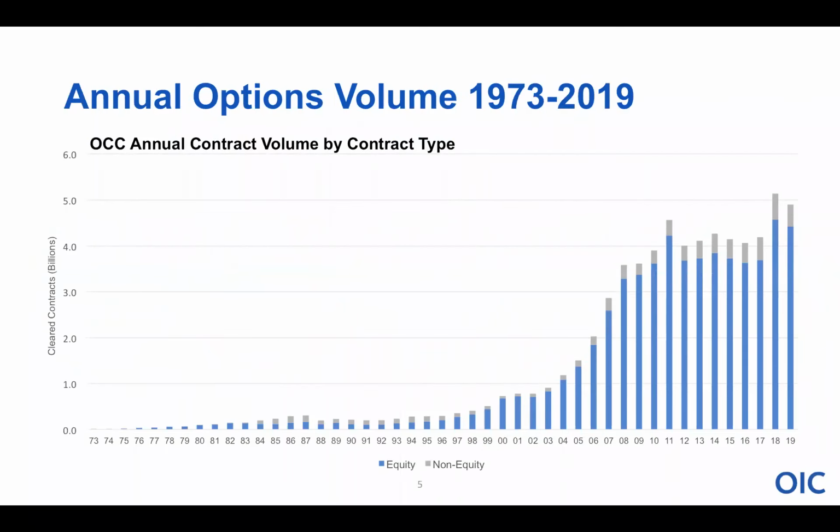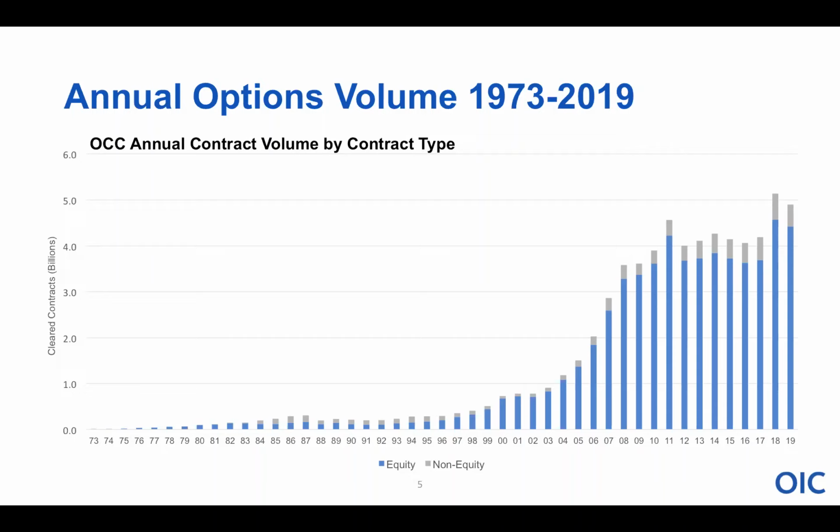So here's the annual options volume statistics going back to the very beginning. Options started in 1973 on the CBOE, and as you can see, the trajectory and growth in the options industry has been phenomenal. 2018 was a record year for OCC, where we cleared and settled over 5.2 billion contracts. 2019, we cleared and settled just shy of 5 billion contracts.